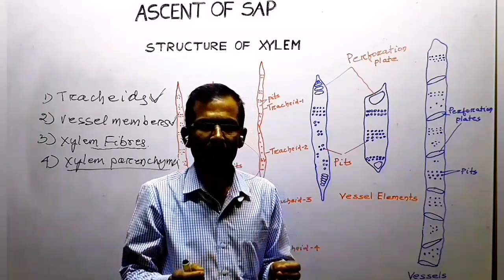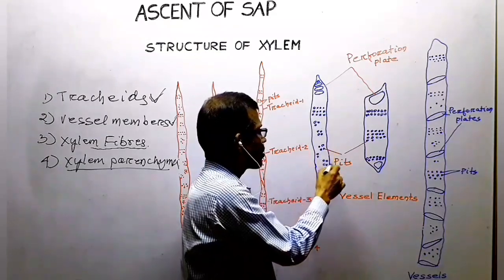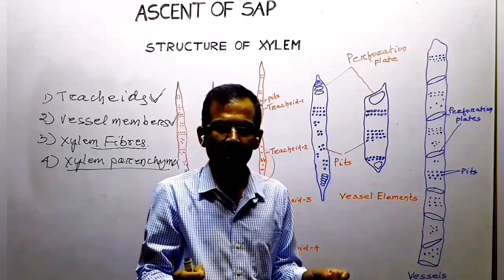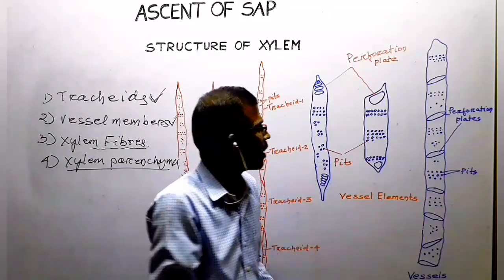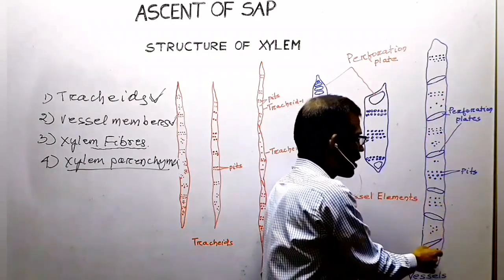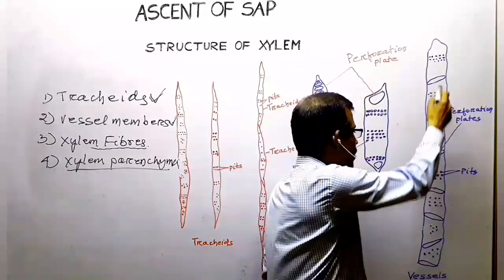Like tracheids, vessel members have numerous pits on their lateral walls. But unlike tracheids, due to the presence of perforation plate, a number of vessel members are stacked end to end to form a broader conduit known as vessels.